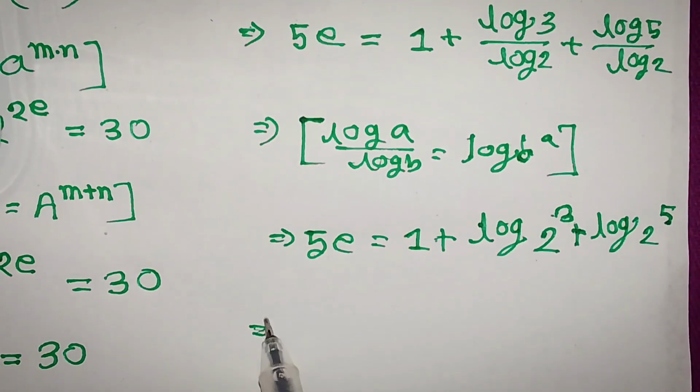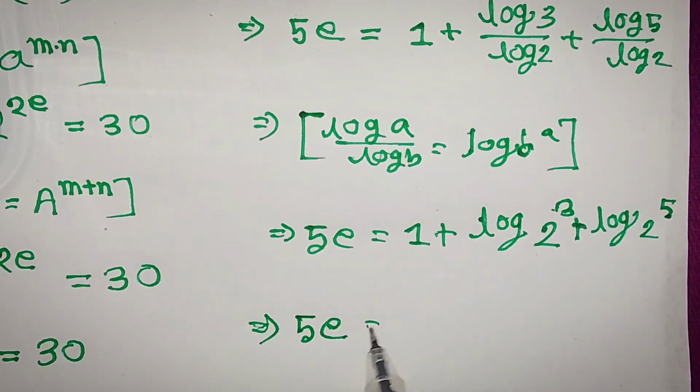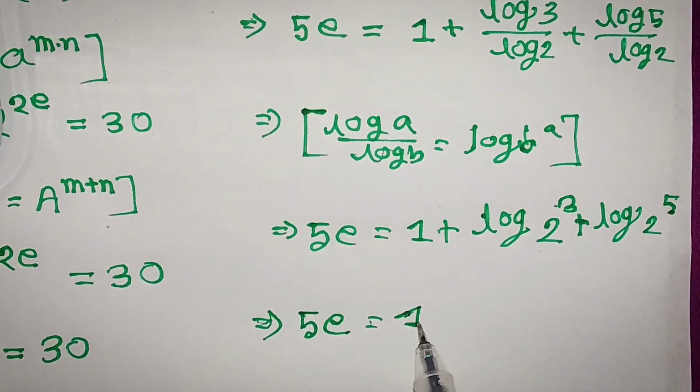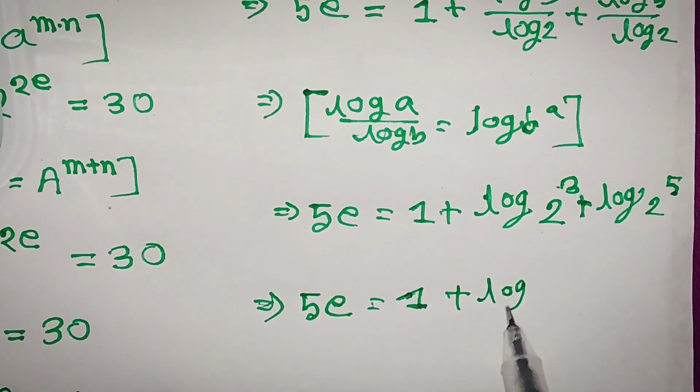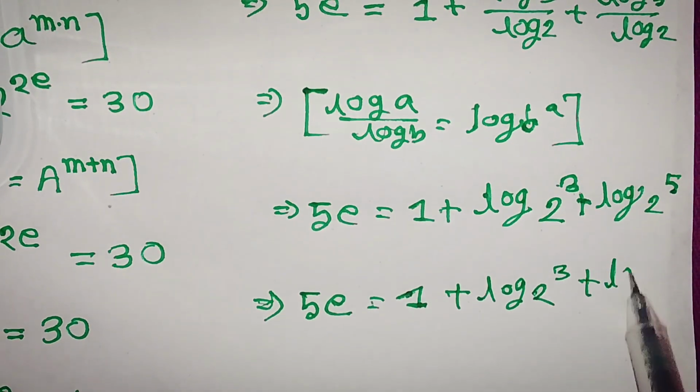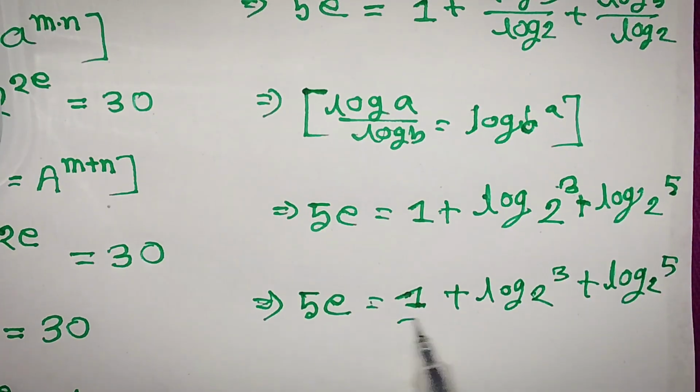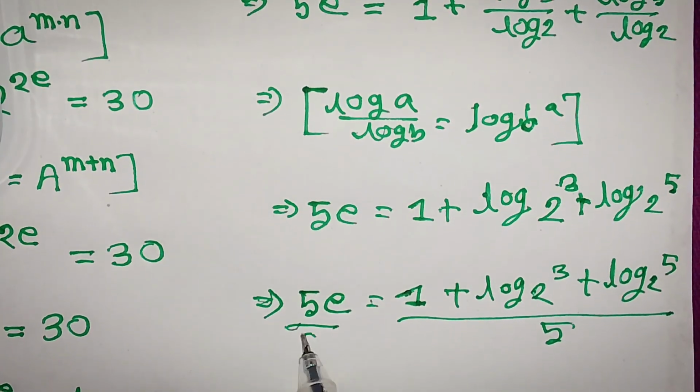So after that we can write 5e equals 1 plus log base 2 of 3 plus log base 2 of 5.